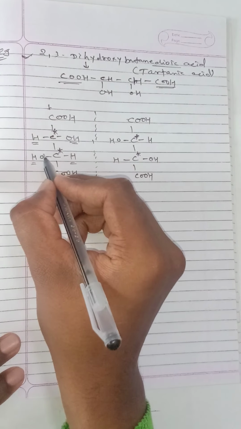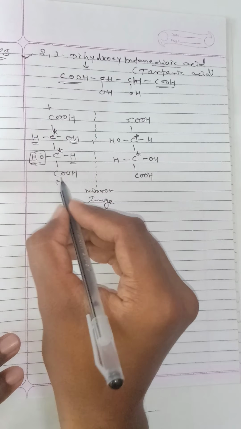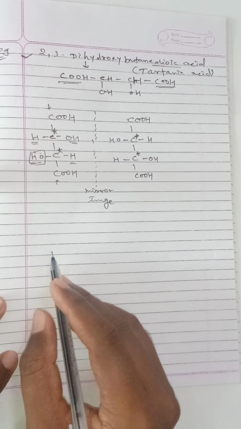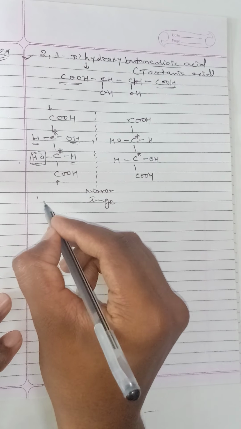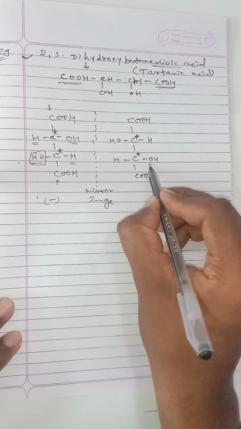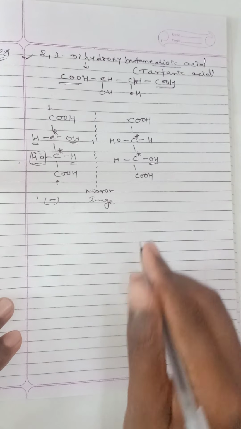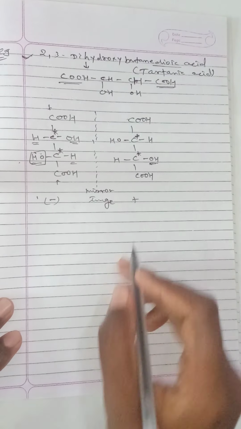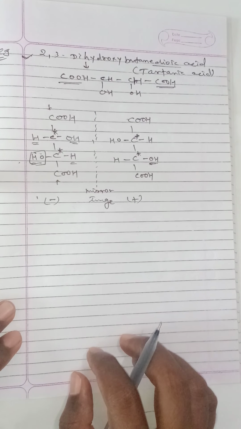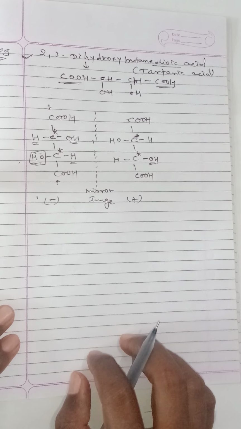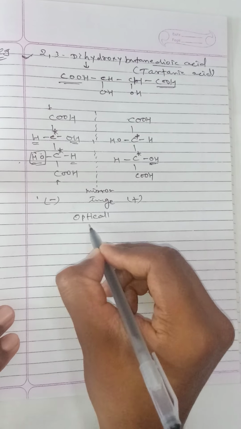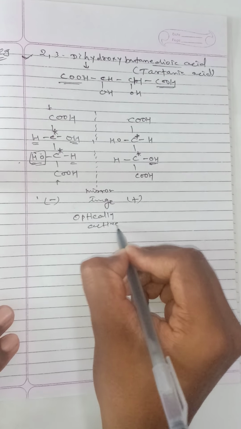Here, checking only the last hydroxyl group on the right hand side, it is levorotatory and is indicated by a negative sign. Here OH is on the right hand side, so it is plus tartaric acid. Now it is optically active.